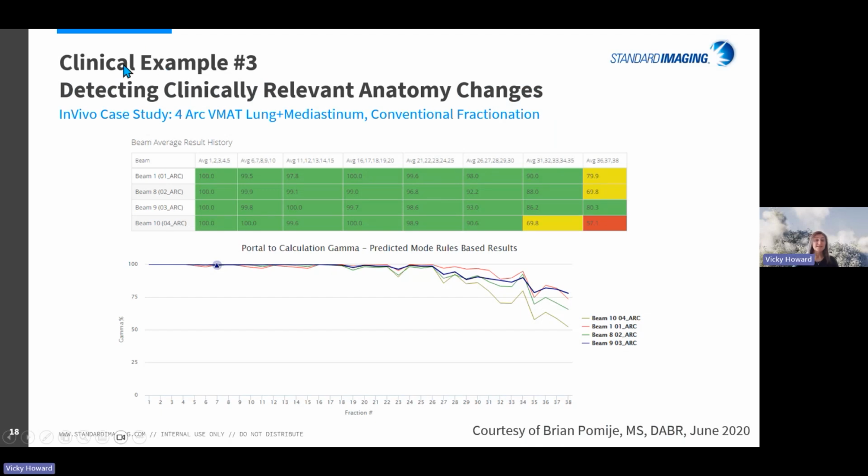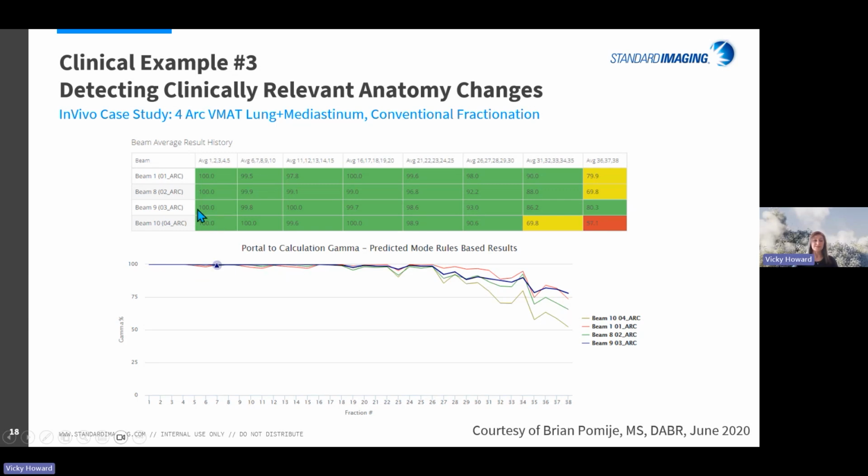And lastly, the third clinical example, it's a 4-arc VMAT lung and mediastinum case. And this example really shows how Adaptivo can be used from a trending perspective to find clinically relevant anatomy changes. So in this case, you can see this is trending data of the gamma results.